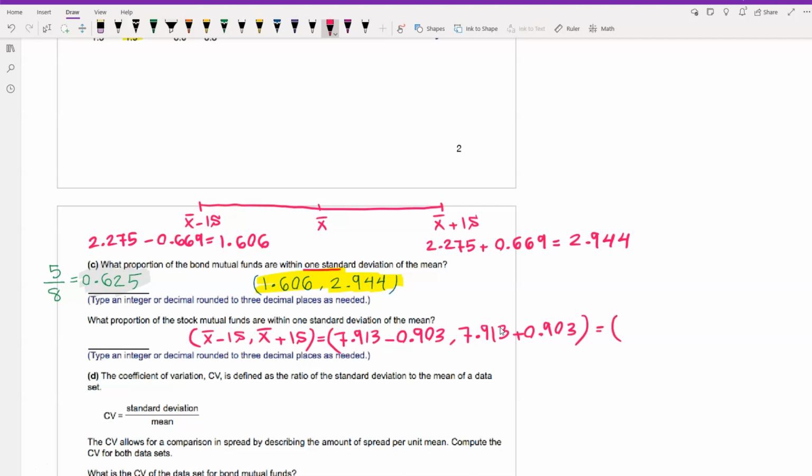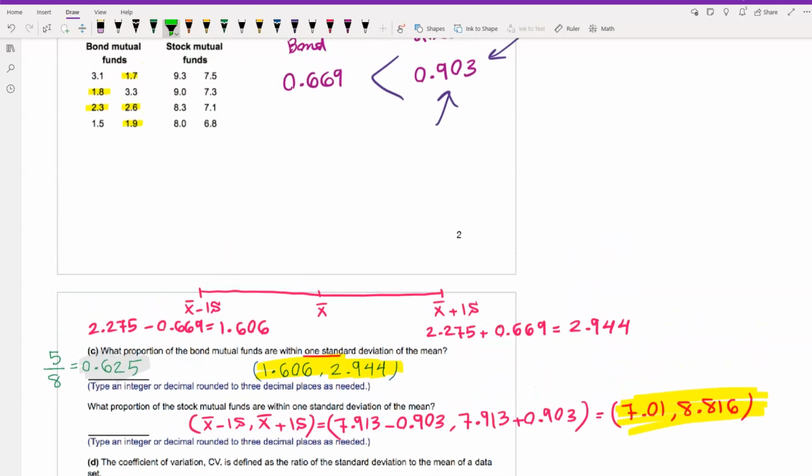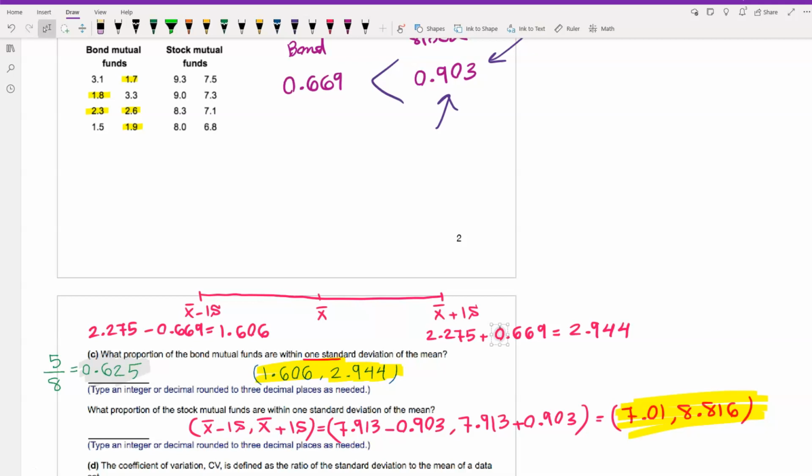So what we have here is 7.01, comma, 8.816. So this is our interval for this part. And now we have to see what numbers are within one standard deviation from stock mutual funds.